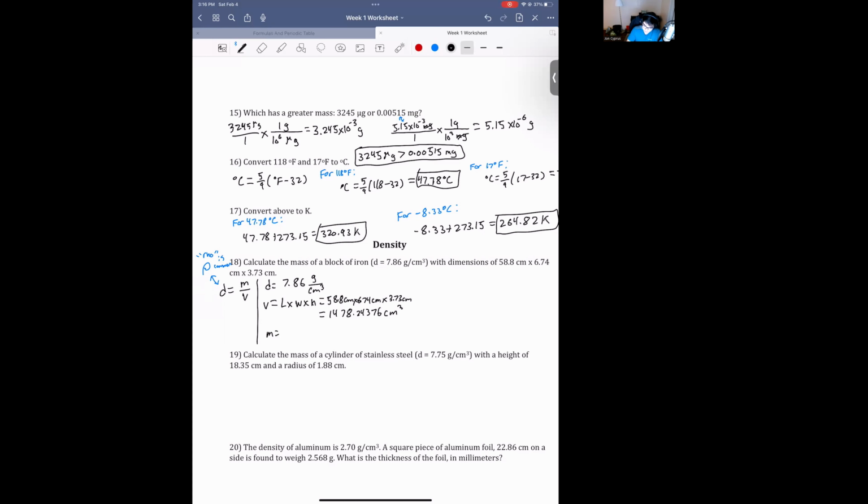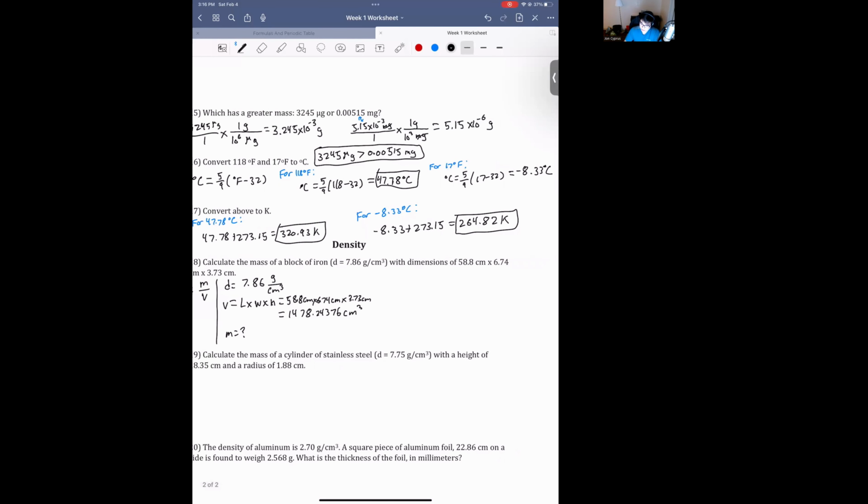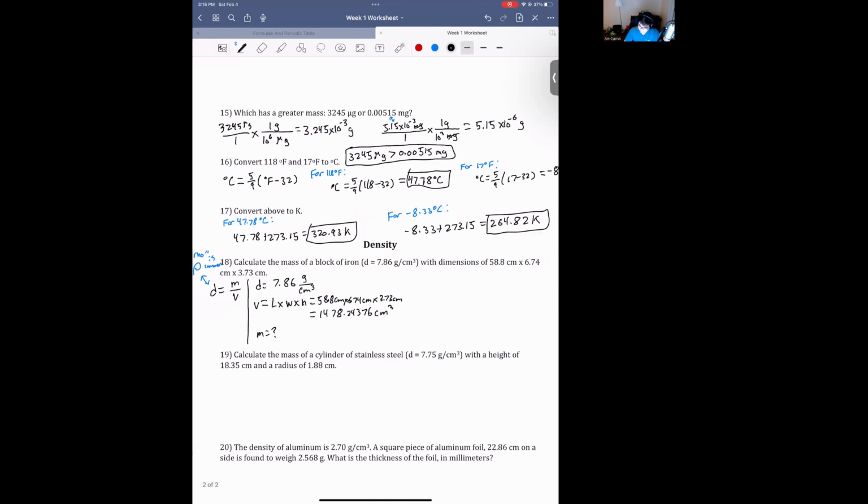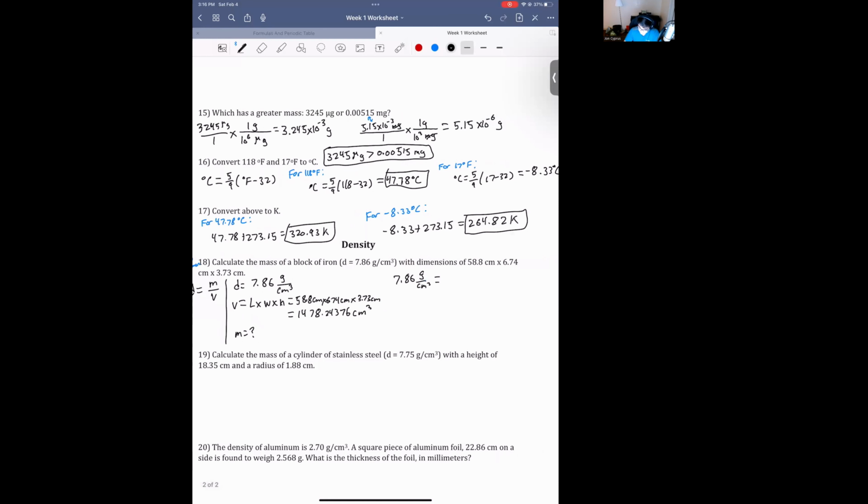And the mass is a question mark. So all you have to do here is plug in the numbers, right? 7.86 grams per centimeter cubed is equal to the mass, which we're looking for, over the volume, which is 1,478.24376 centimeters cubed.